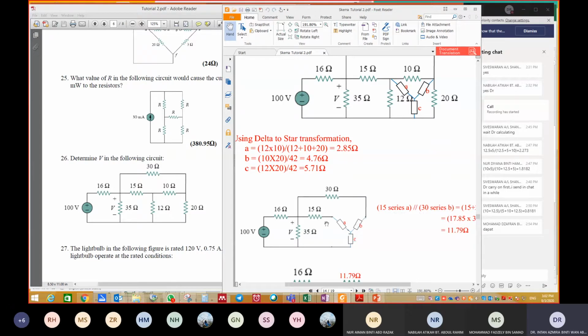Now we know that 15 is in series with R_A, and 30 is in series with R_B.